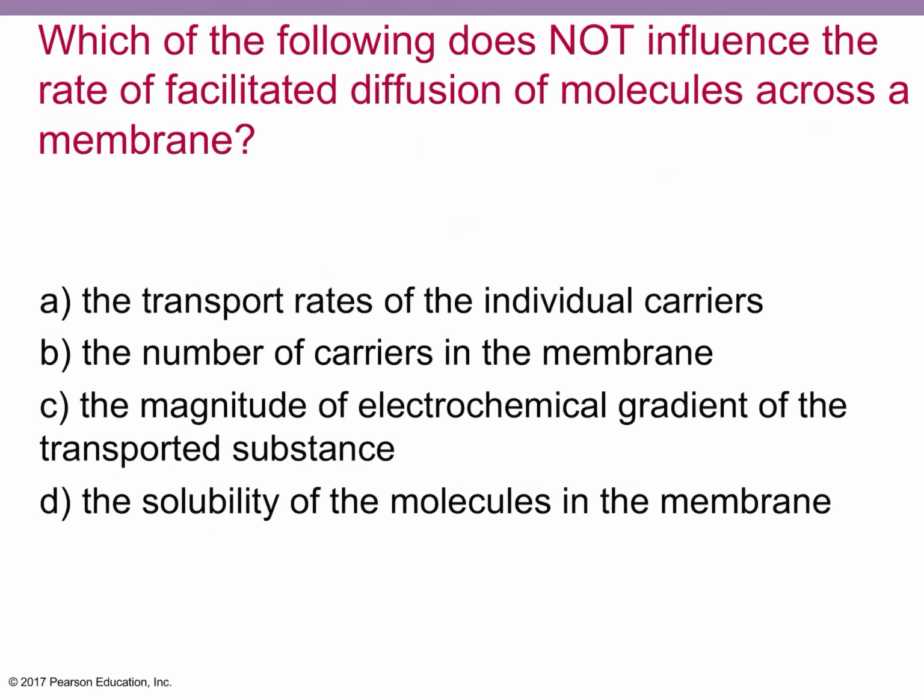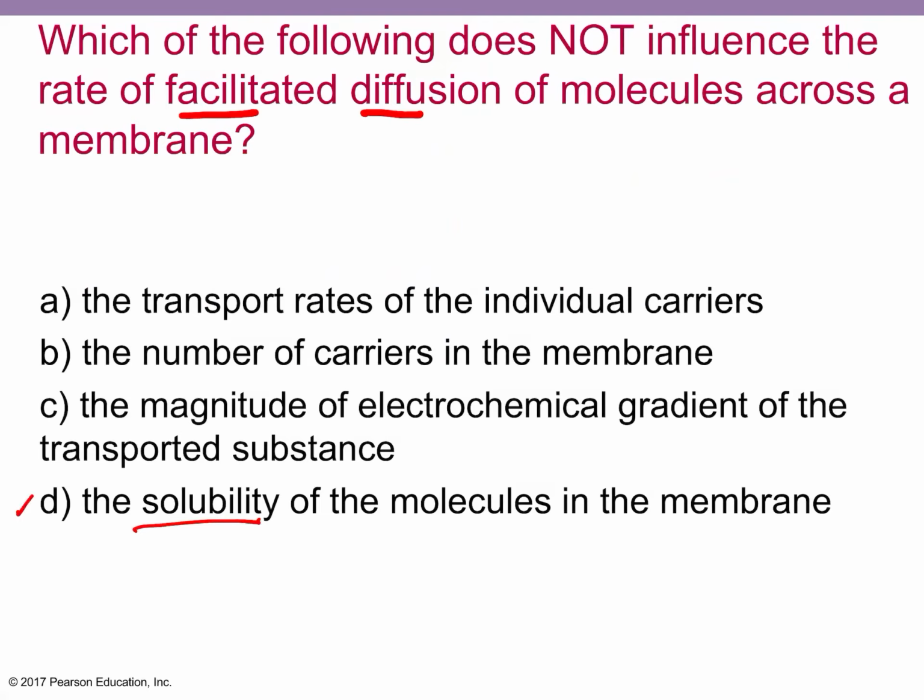Which of the following does not influence the rate of facilitated diffusion of molecules across the membrane? Since we're using facilitated diffusion, this is going to use a carrier molecule that's going to help transport these molecules. So we don't need to worry about the solubility of the molecules in the membrane.